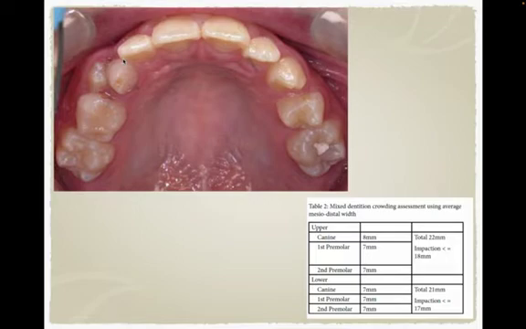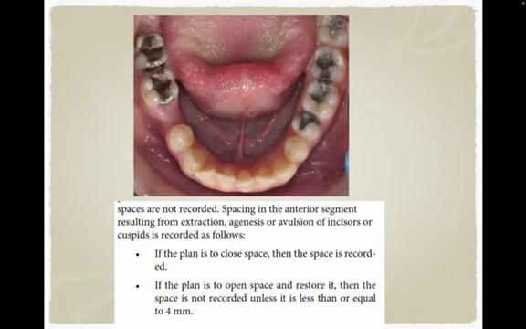But if it's 18, then 7 for the premolar and 7 for the other premolar is 14, and 18 minus 14 leaves only 4 millimeters available for the canine to erupt. And we said before that if the space available for the unerupted tooth is less than 4, that tooth is impacted. It's the same again in the BAR index.